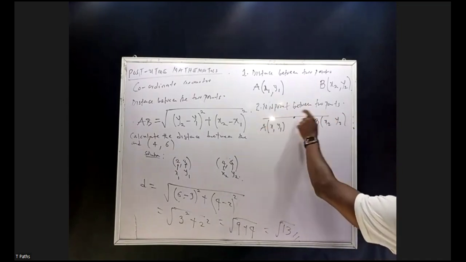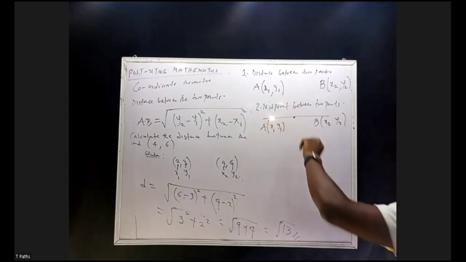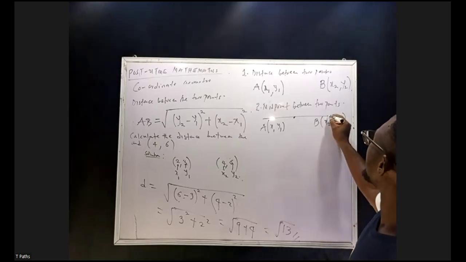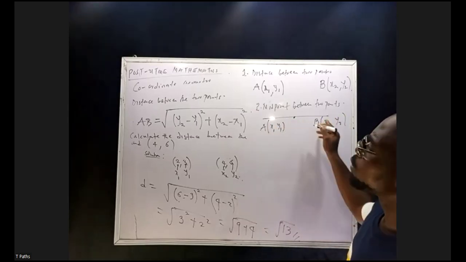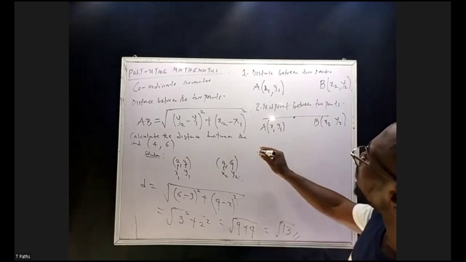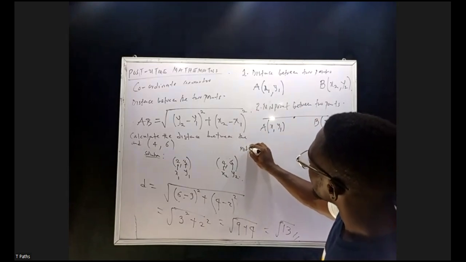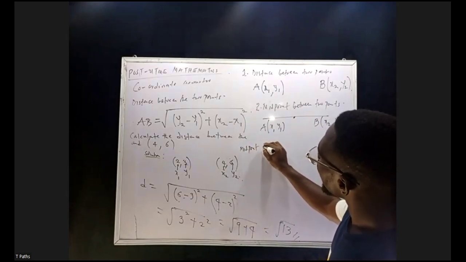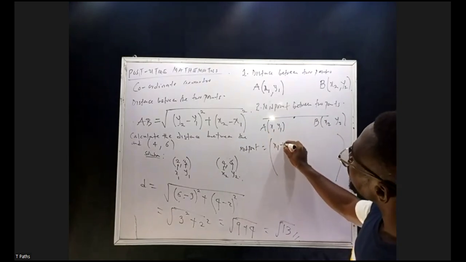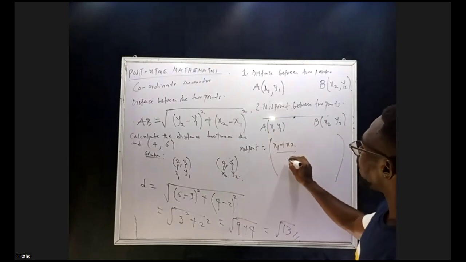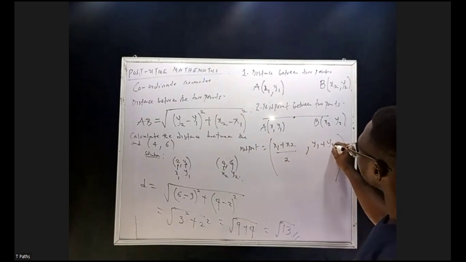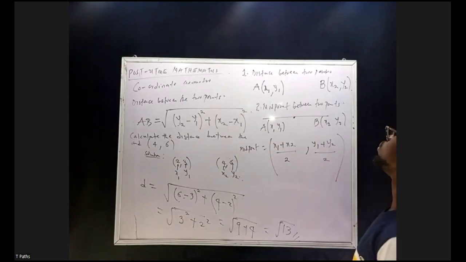What is going to be the middle of this guy? The midpoint of point A and point B is going to be what? Output formula. The midpoint is X1 plus X2 over 2, comma, Y1 plus Y2 over 2.